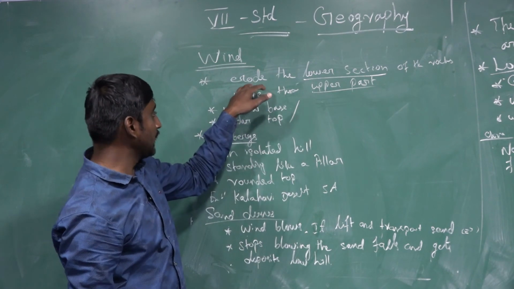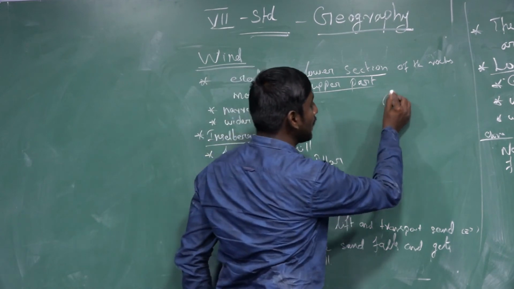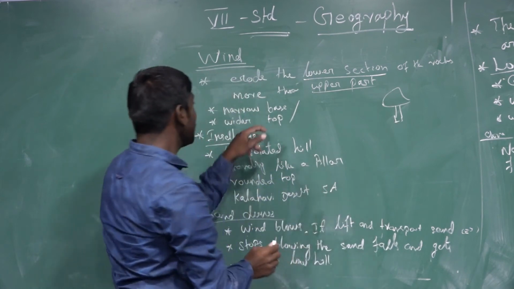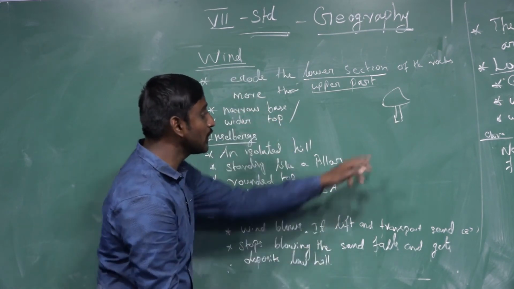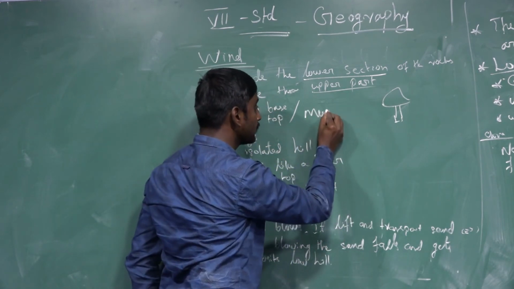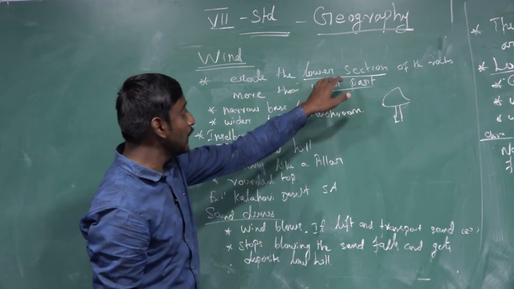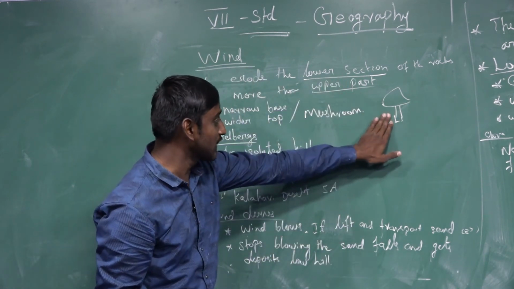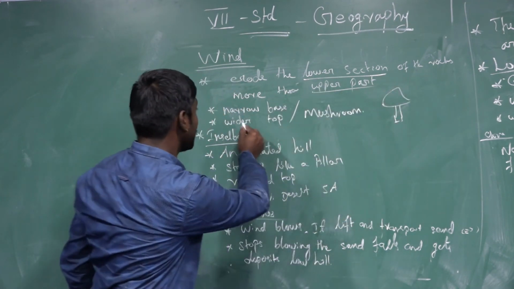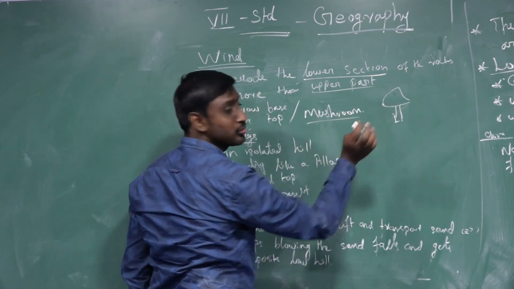It looks like a narrow base and wider top. A narrow base and wider top is a mushroom shape. So wind erodes the lower section of the rocks more than the upper part, giving a narrow base and a wider top, like a mushroom shape.